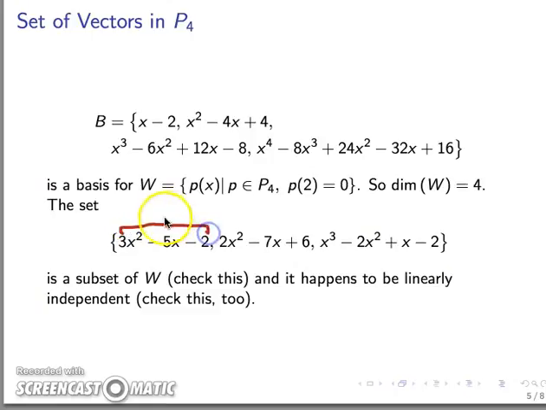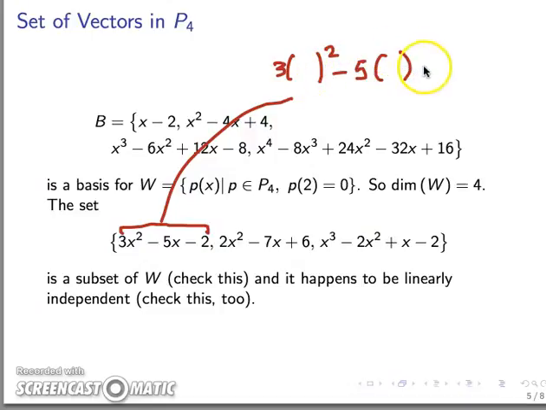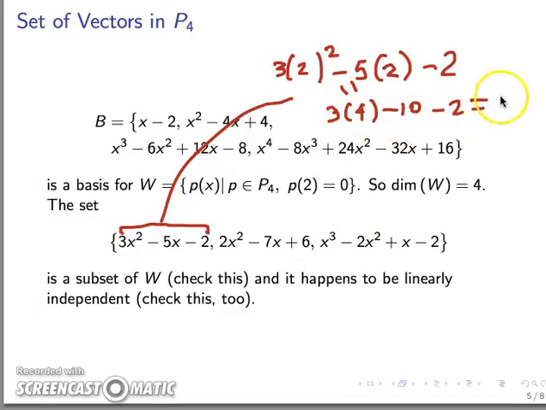You are supposed to check this for every element in this set, but let me just refer to the first element here. What happens if we evaluate that expression, 3 times the square of something minus 5 times that something minus 2, at 2? This would be 3 times 2 squared, minus 5 times 2, minus 2, which is 3 times 4, minus 10, minus 2, and here we get 12 minus 12, which is 0.